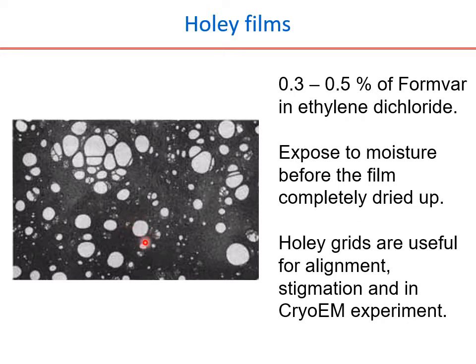So an asymmetric fringe will tell us the presence of the astigmatism, and you continue the stigmation process until the fringe around it is symmetric in nature. This will help us a lot and make our job of doing the stigmation much easier. So that is one application of the Holey films.